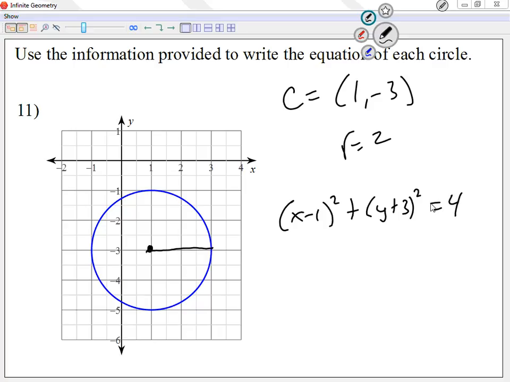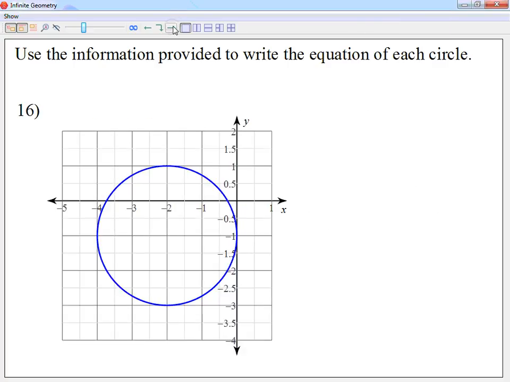Now, any questions up until number 20? Which one? 16? All right, let's take a look at number 16. We can see the center of the circle is there. What are the coordinates of the center? Negative 2, negative 1.